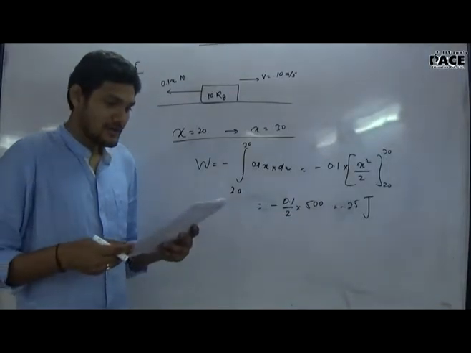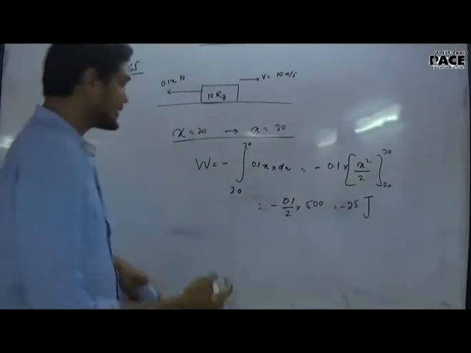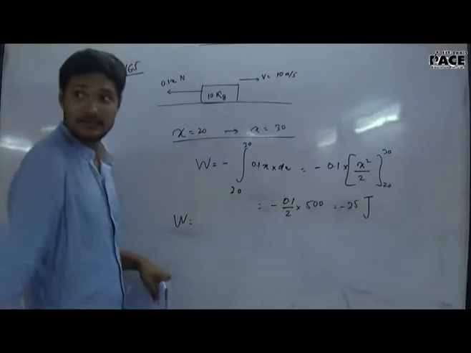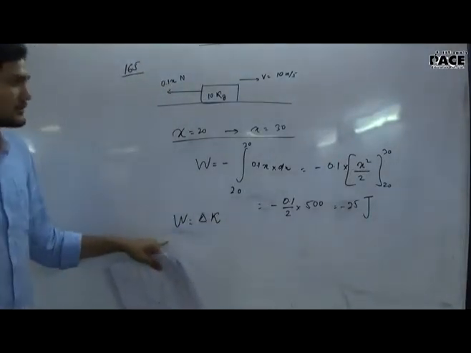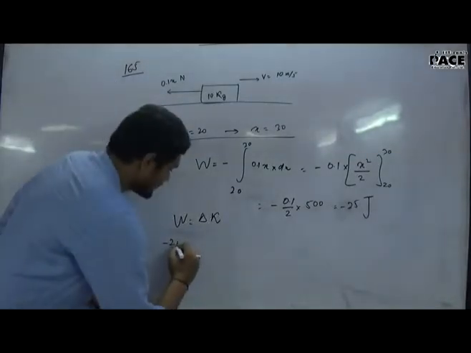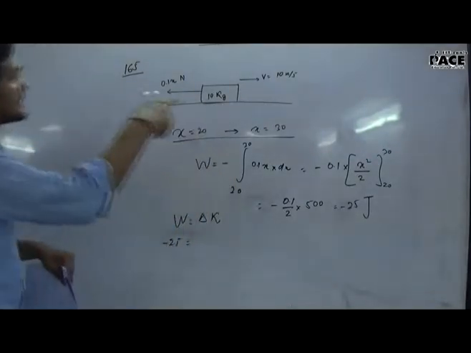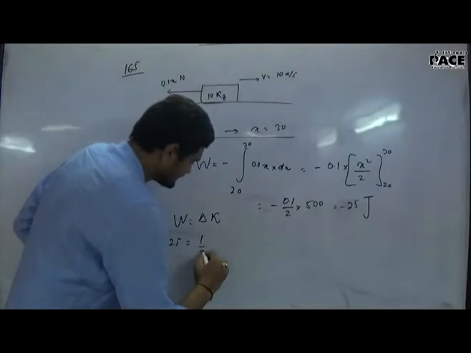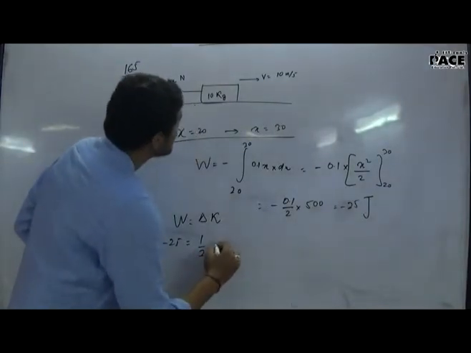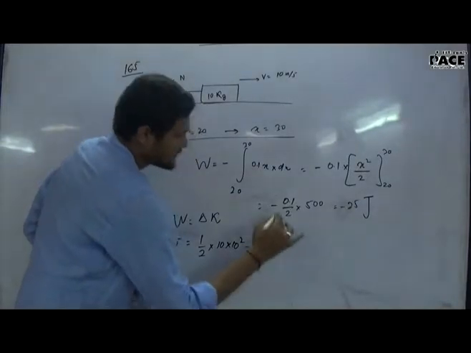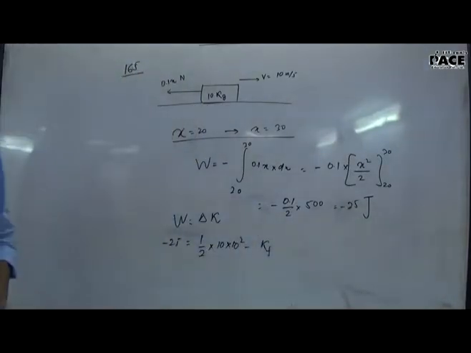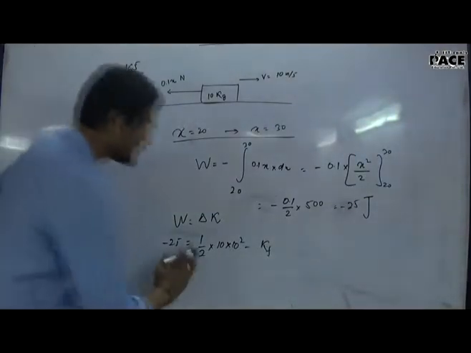Now, what will be the final kinetic energy? From the work energy theorem, work done by the external force is equal to the change in kinetic energy. We know the work done by the external force is minus 25, and K initial is half mv squared, half into 10 into 10 squared. Oh sorry, it should be K final minus K initial.